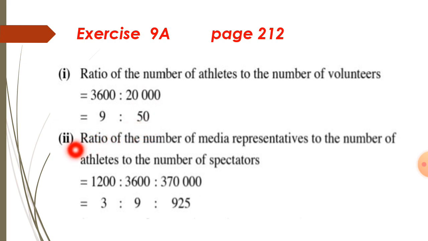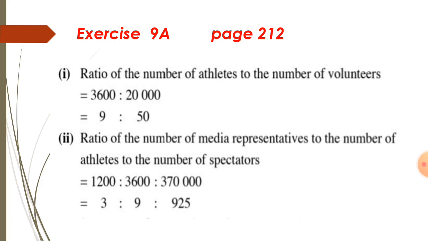Now we are going to do part 2. The ratio of the number of the media representatives to the number of the athletes to the number of the spectators. So 1200 ratio 3600 ratio 3,70,000.